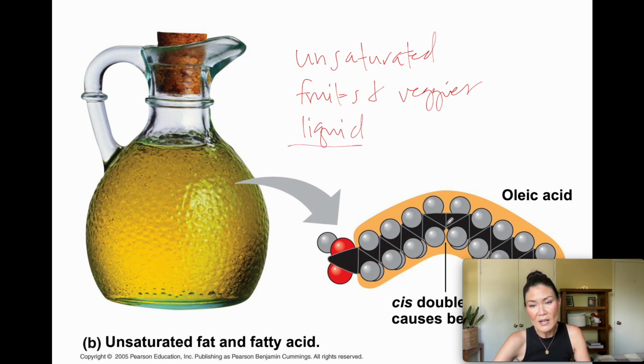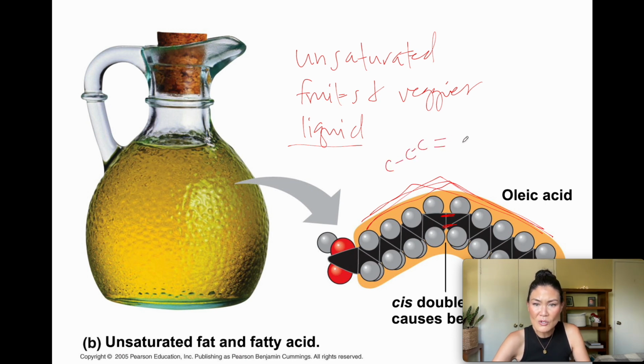It's because there is a double bond, a cis double bond between carbons. Okay, and in this example, see how it's sort of like bent? See how the fatty acid is bent? It's bent because there's a double bond between those 2 carbons. So if I just quickly draw what it might look like.